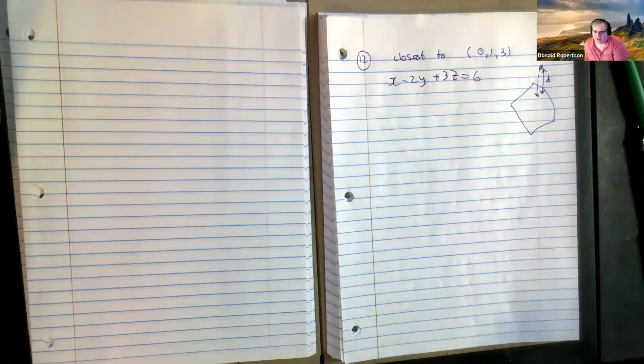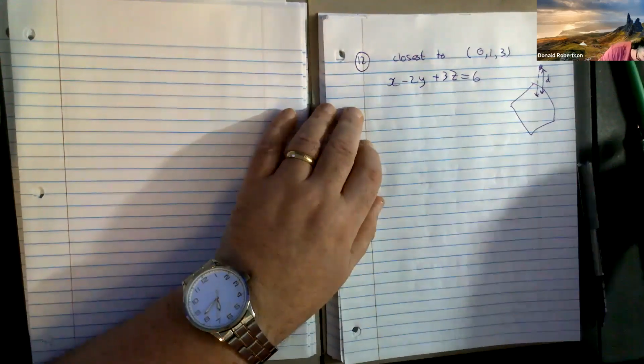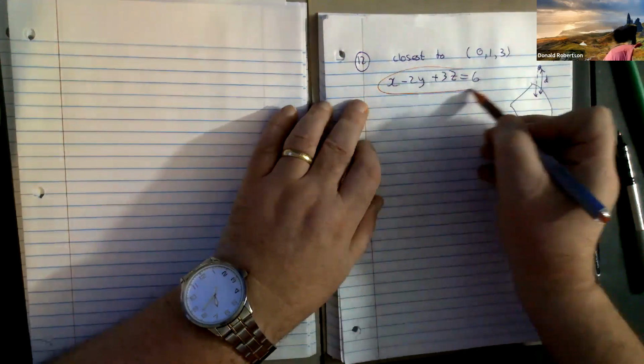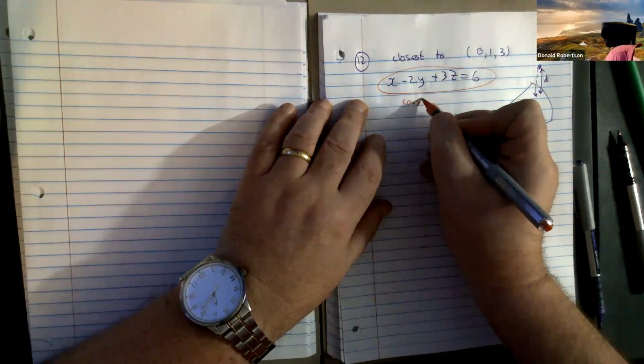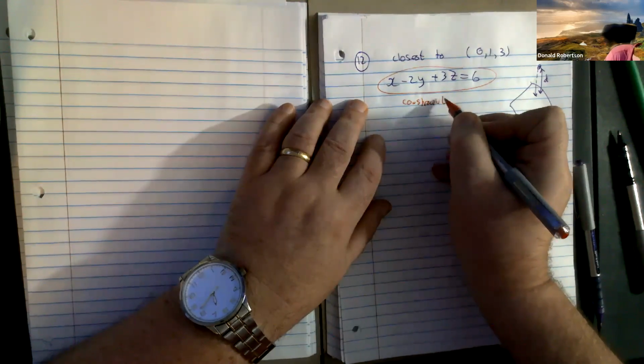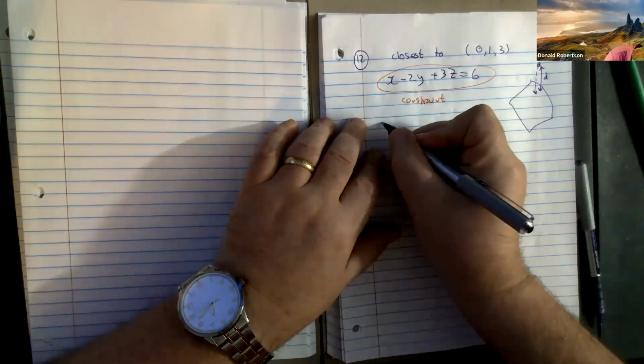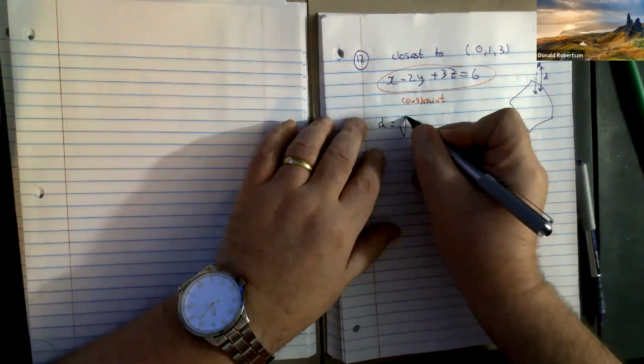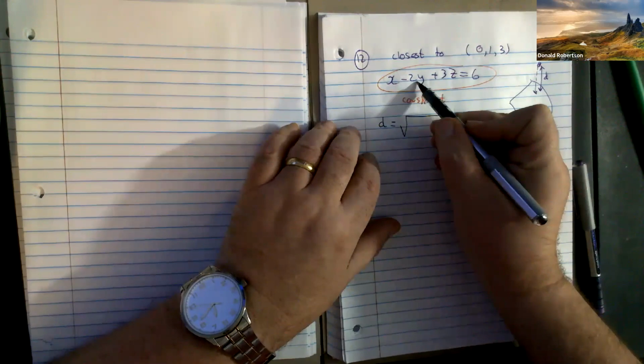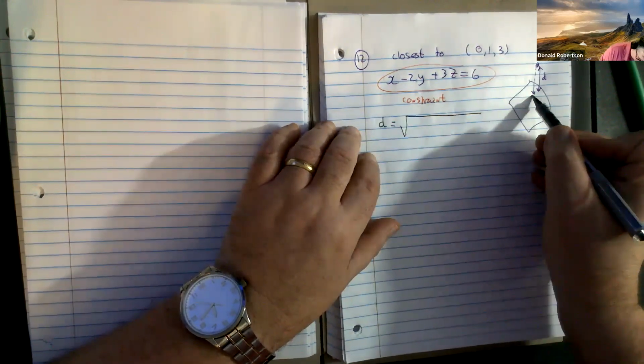So I need to set up the two equations. First, this guy here is the constraint. The guy I'm trying to find the maximum value for, well, is the distance from this point, right, to there.